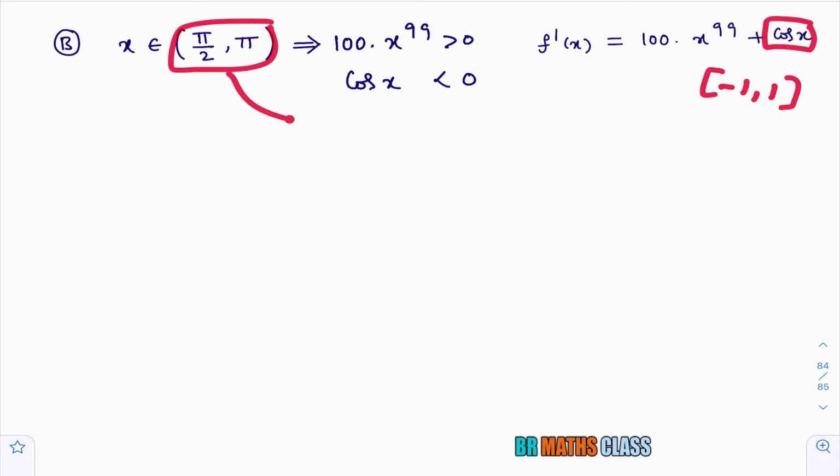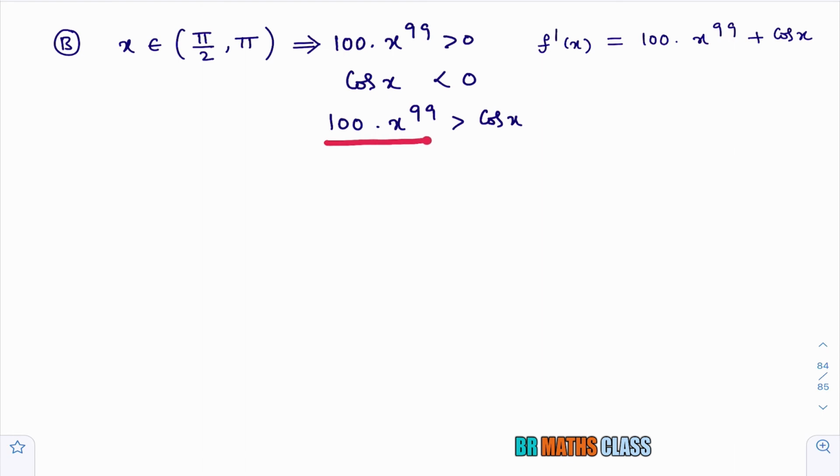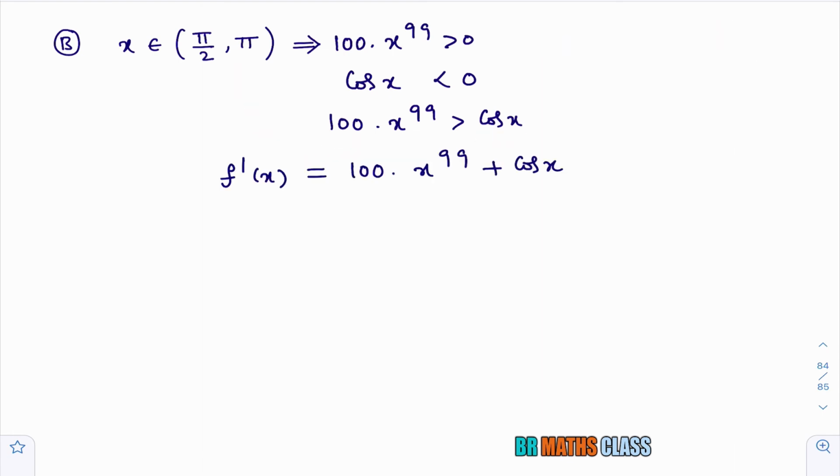But 100 into x power 99 is greater than cos x when x belongs to open interval pi by 2, pi. This expression is positive, this is negative, and this value is greater than cos x. So when I add these two things, you will get greater than 0 for all x belongs to open interval pi by 2, pi.